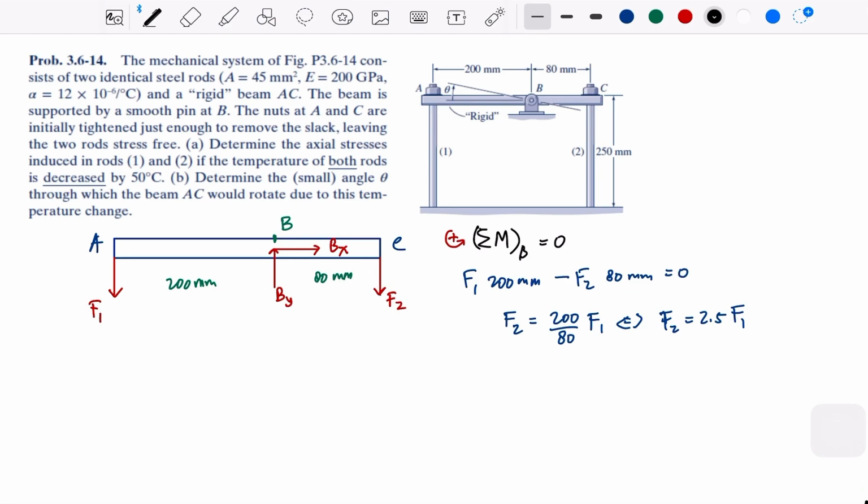Okay? And then, because we are going to see some elongation or maybe some displacement, this formula will be very essential. And because we have the thermal expansions, then we need to add the alpha, and then L, and then delta T, and the total elongations.